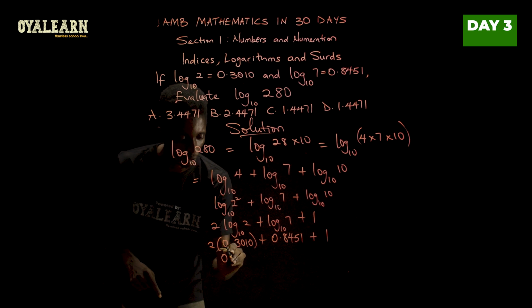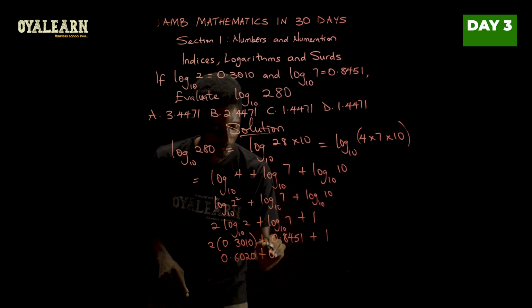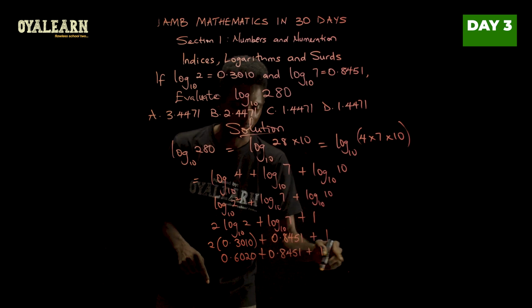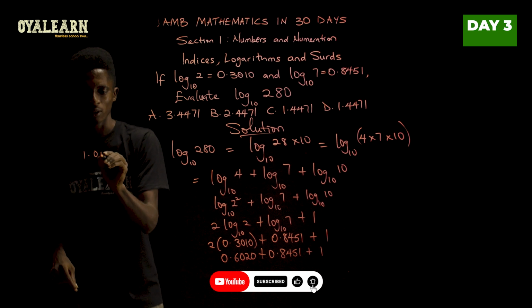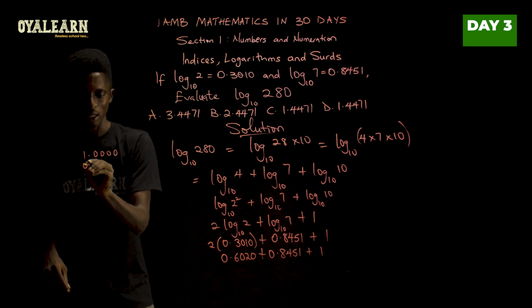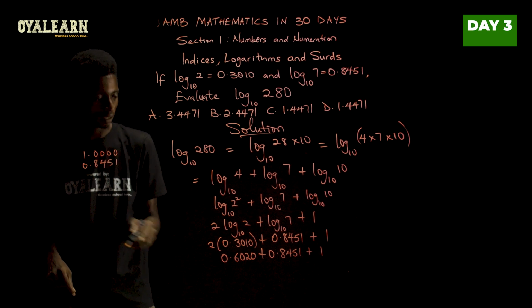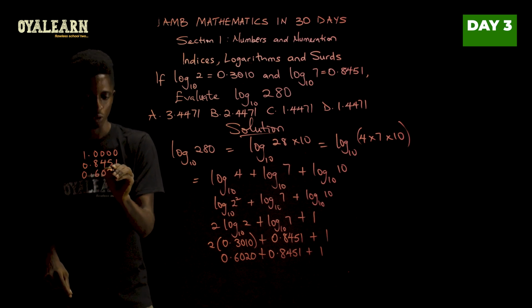Now let's multiply this. This will give us 0.6020 plus 0.8451 plus 1. Now let's add this. I can write this as 1.0000, and then we put the 0.8451 and then 0.6020.